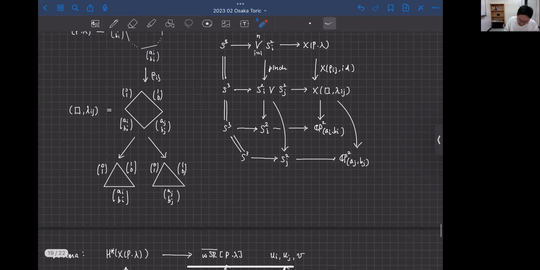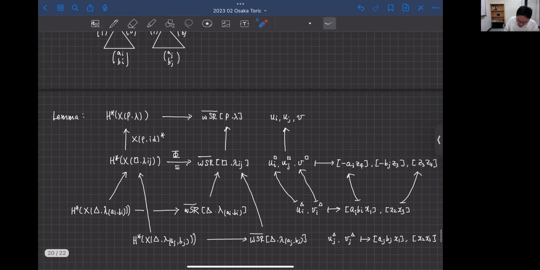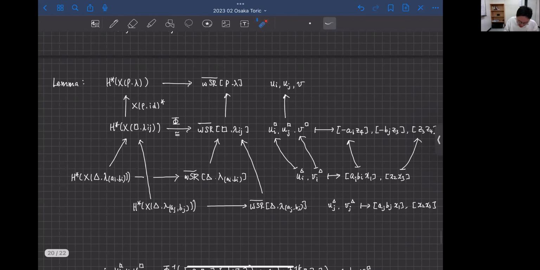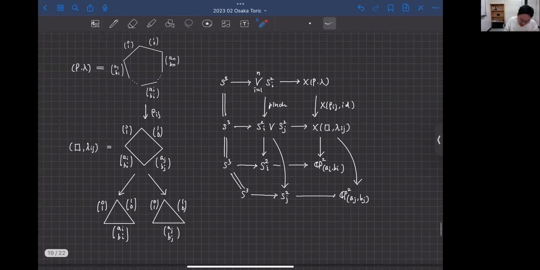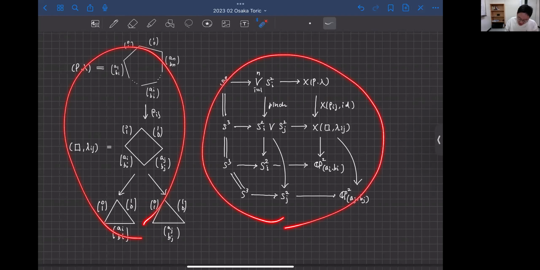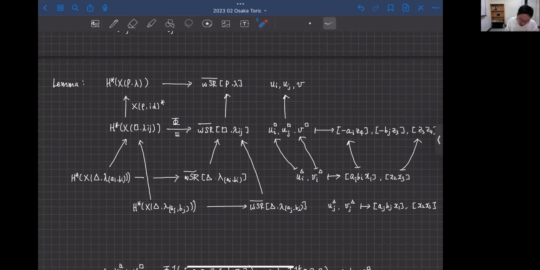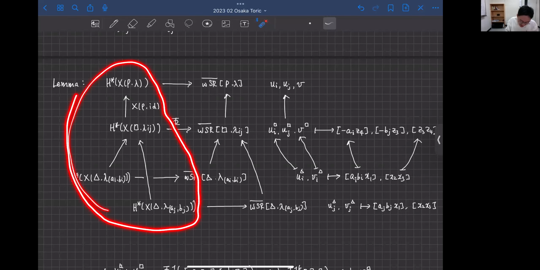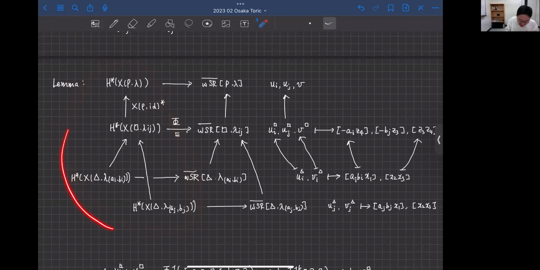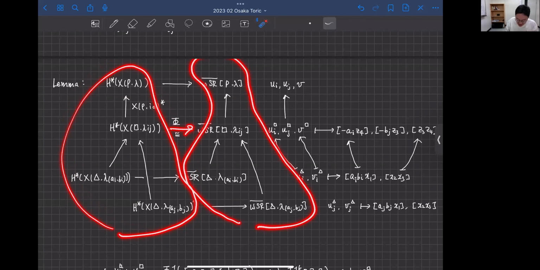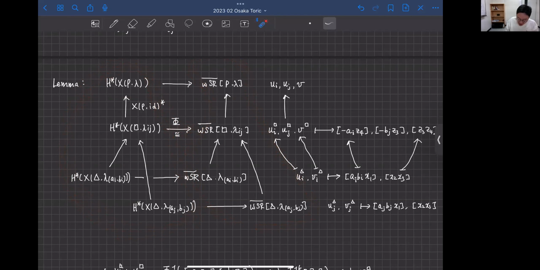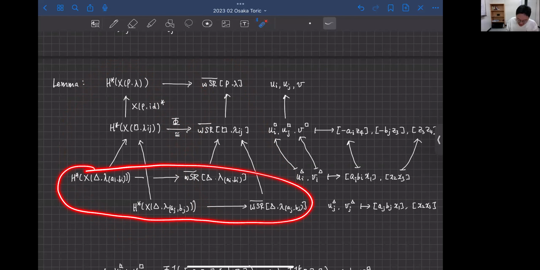So our lemma is, it looks a little complicated, but with these two pictures, at the level of cohomology, we can get this parallel picture of the cohomology rings. So this left-hand side is exactly the cohomology, and then we can send this picture to the world of the weighted Stanley-Reisner ring here, right? And then we know all the information about what is happening at the level of this triangle, right?